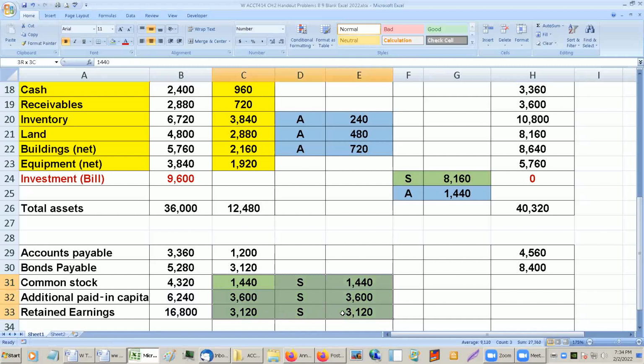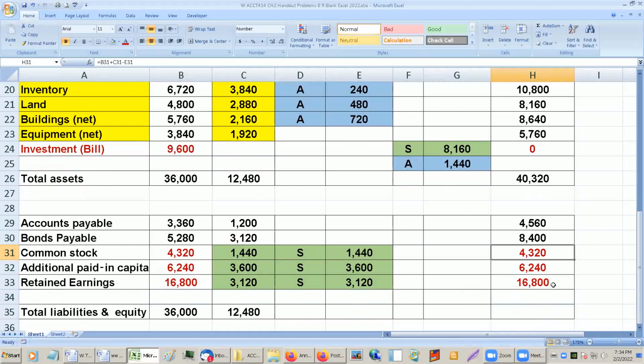Because these really don't exist anymore. They're not outstanding to anybody. So if you wanted to do it correctly, you'd say, okay, this plus the 1440 minus the 1440, and you'll notice that those are going to be the same as over here. You can simply take these numbers and put them over here. If these are all taken out correctly, that's what you should have.